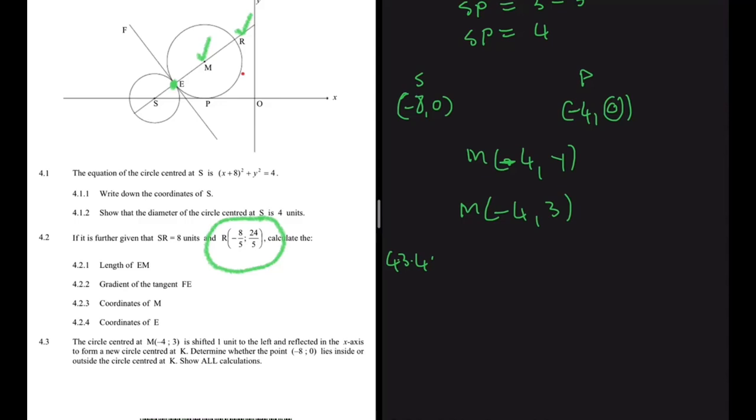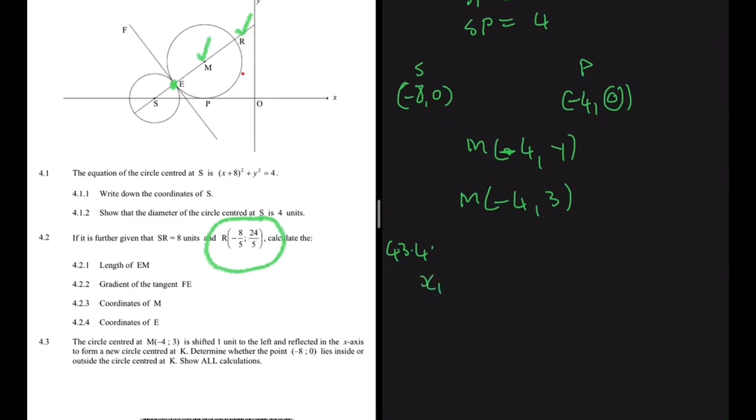We're going to use M as a bait basically to find the coordinates of E, because M is the midpoint of ER. Why are we saying it's the midpoint of ER? Because from E to M is the same distance as M to R, and they're on the same straight line. So M is the midpoint of ER.